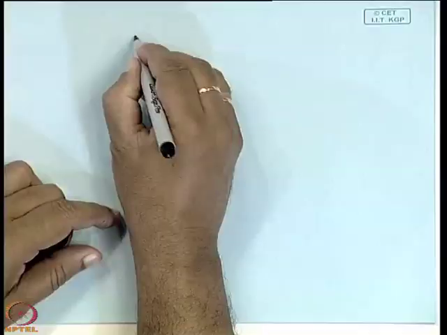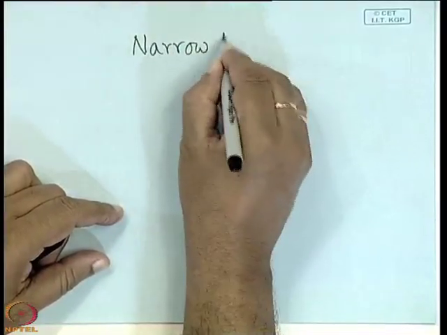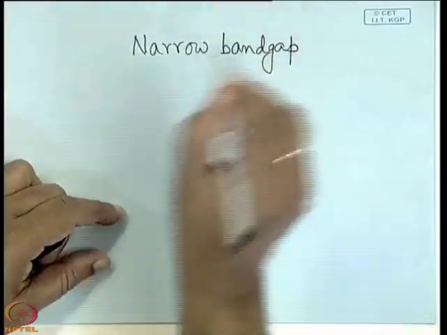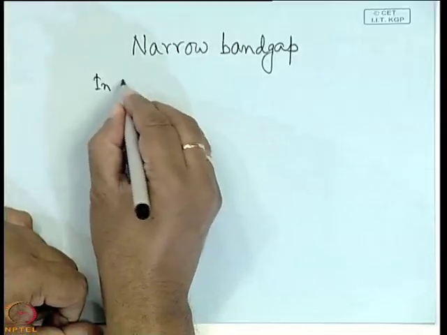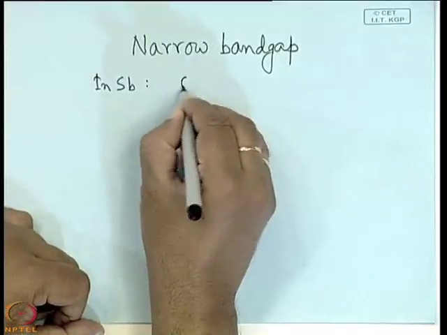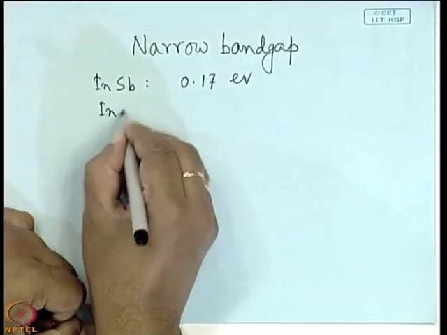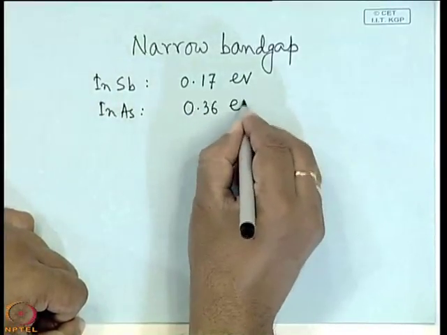Next, we shall concentrate our discussion on narrow band gap semiconductors. Indium antimonide has 0.17 electron volt. Then indium arsenide has 0.36 electron volt.